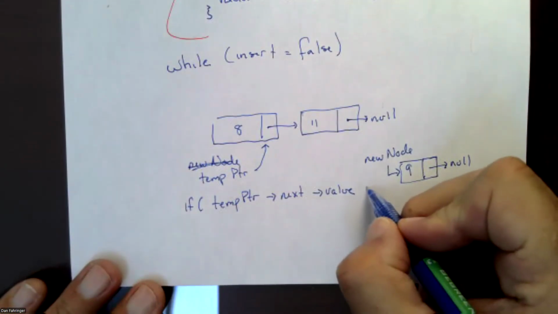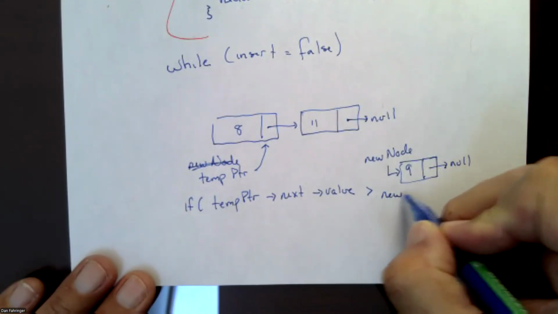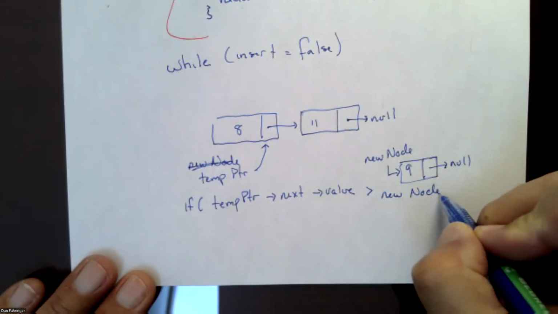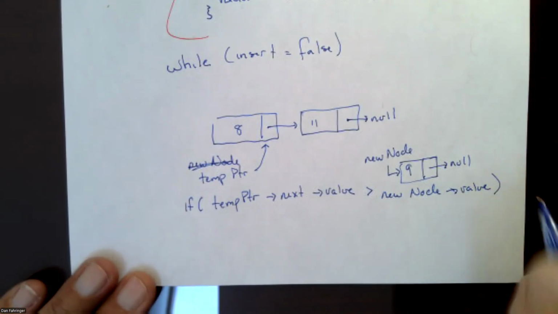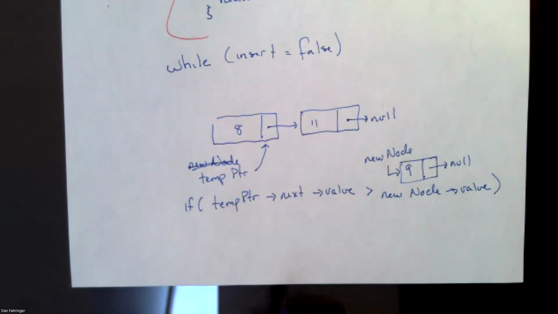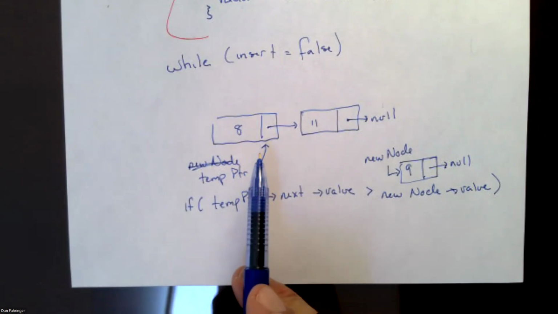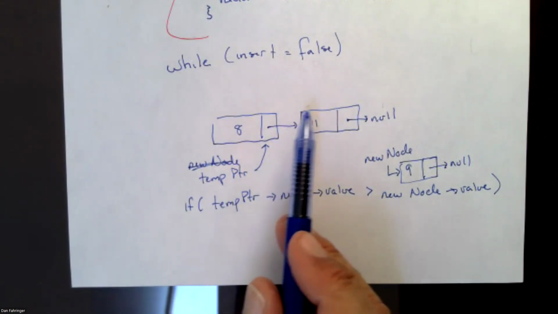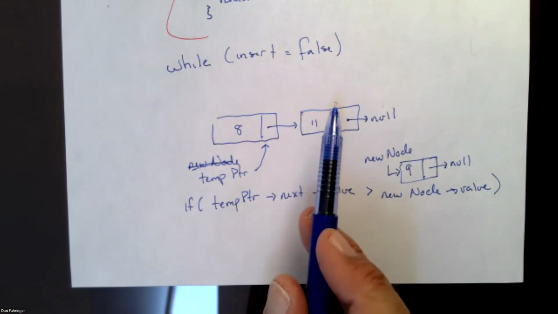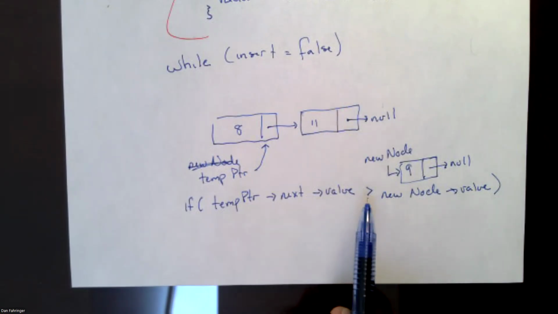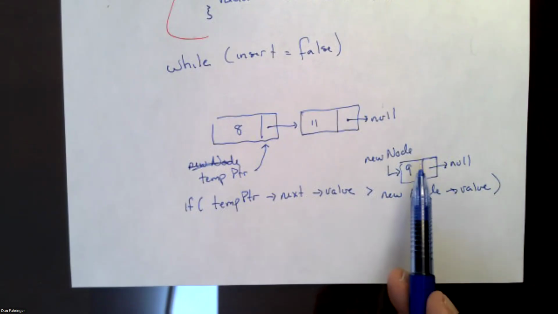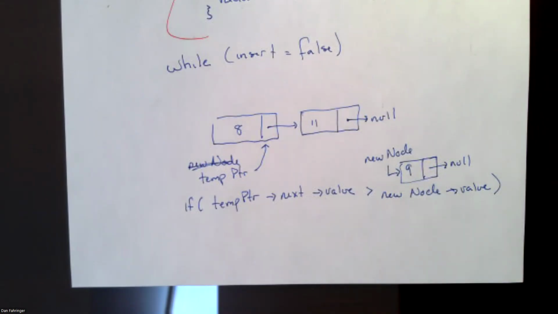If that is greater than new node's value, then I want to insert it. So my temp pointer's next, which is the address of this node, and at that address, the value, which is 11, is greater than new node's value, which is 9. I want to insert it.